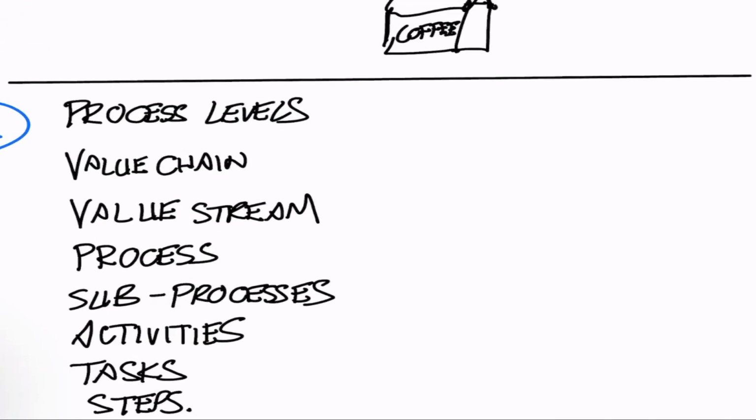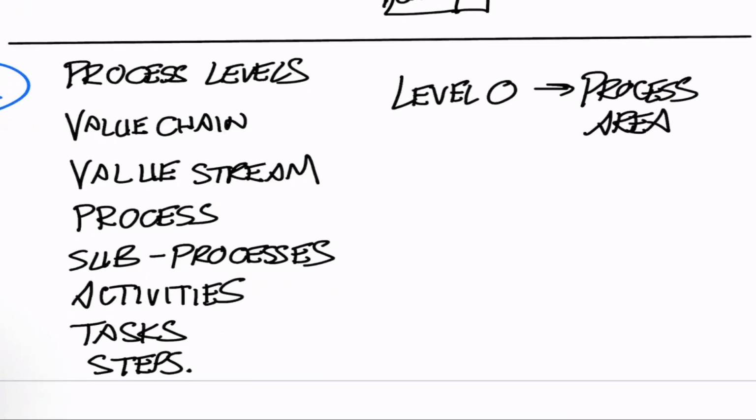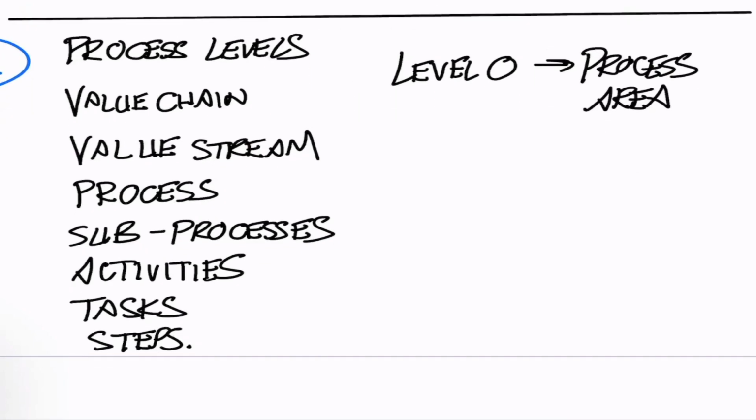In other parts of the nomenclature, you might hear something called a level 0. What's a level 0? That's a process area. At least that's how I'm going to define it. And a process area can be multiple processes that come together. It's level 0 because sometimes what I find with the process areas is there's start and stop.